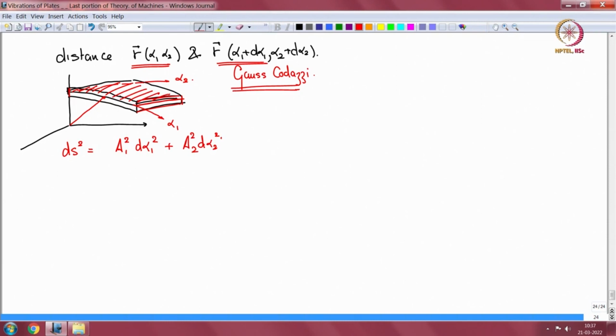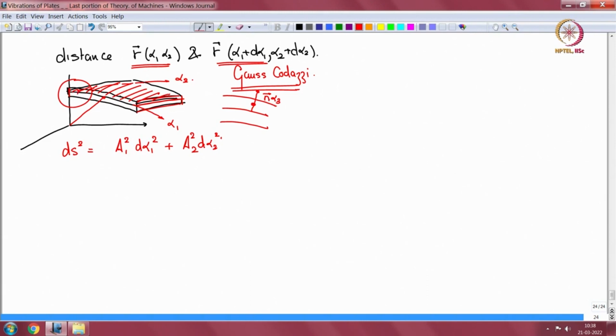Now, it is not sufficient to have this only on the middle surface. Okay. So, now let us say I expand around this. This is the middle surface and this is the thickness. So, there could be a point in the material thickness, okay, along the coordinate, along the normal alpha 3 distance away, there could be a point. Okay. So, now we have to account for that point from the origin.